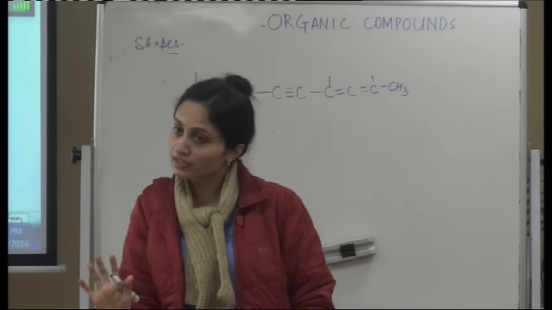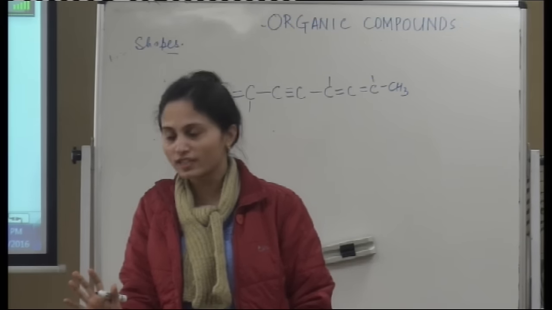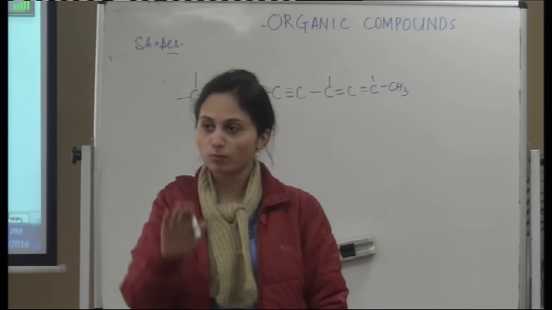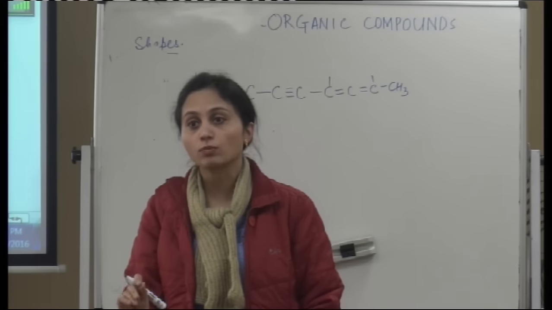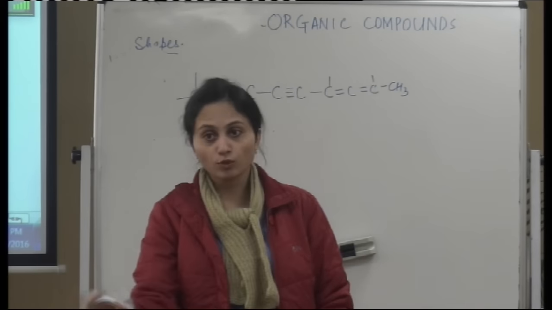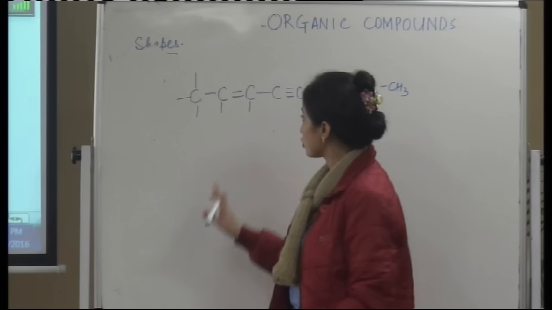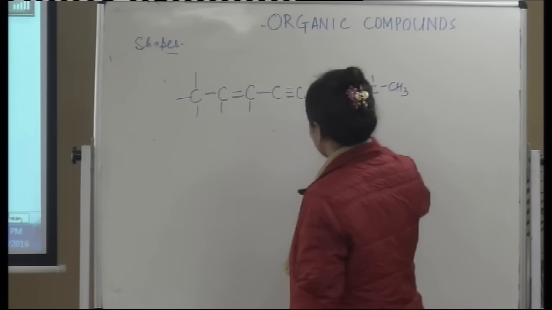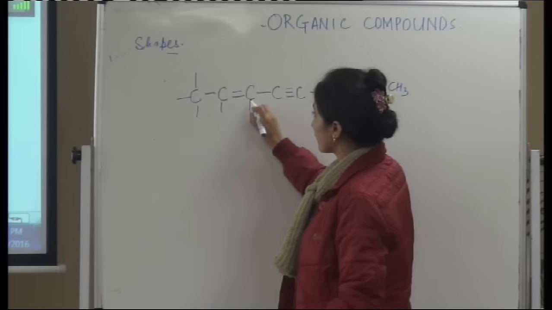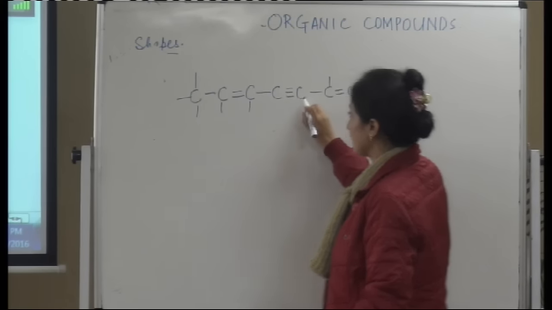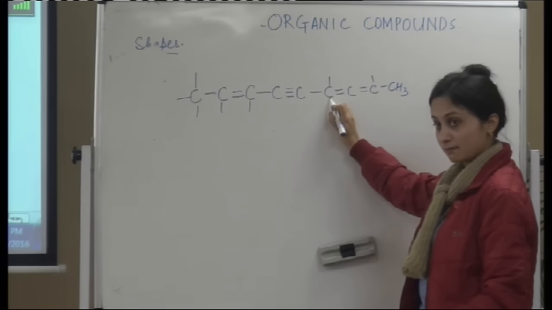Whenever even a single double bond is there, then it will be sp2. If there is a triple bond attached to it, it will always be sp. And you know the shapes for all of them along with the angles, so no need for that to be done. What about this carbon? sp2, sp, sp, sp2.